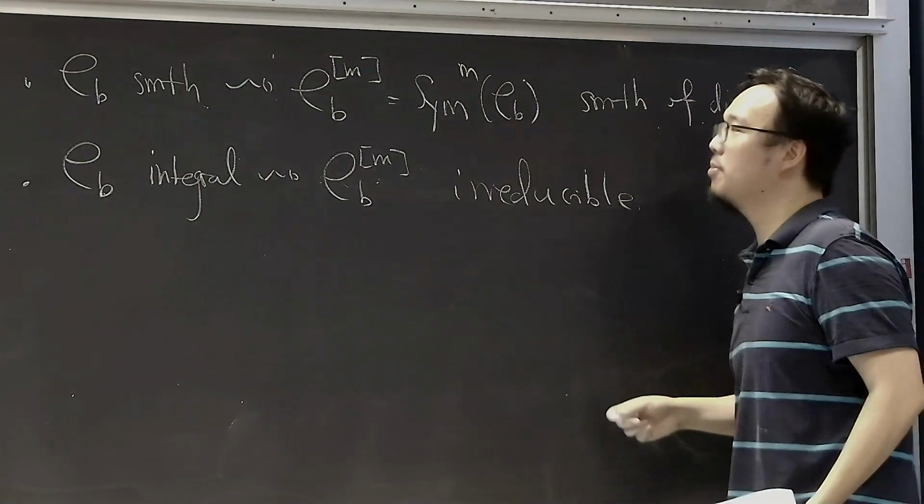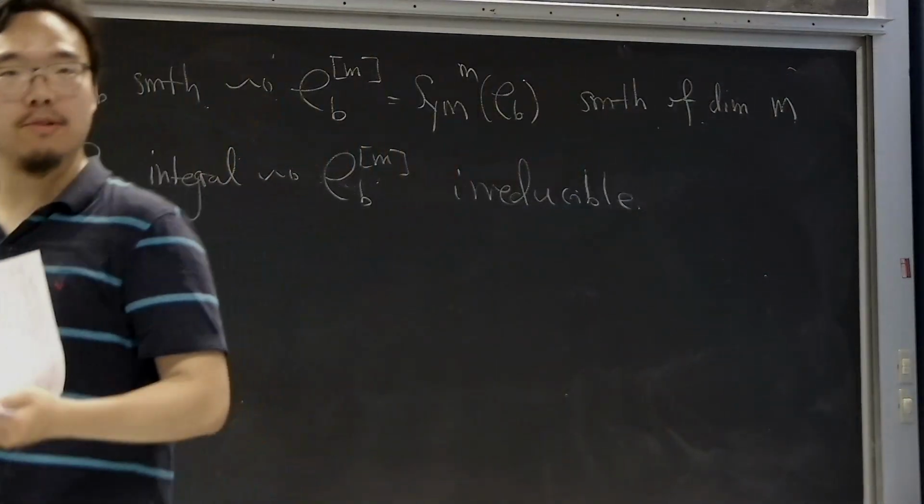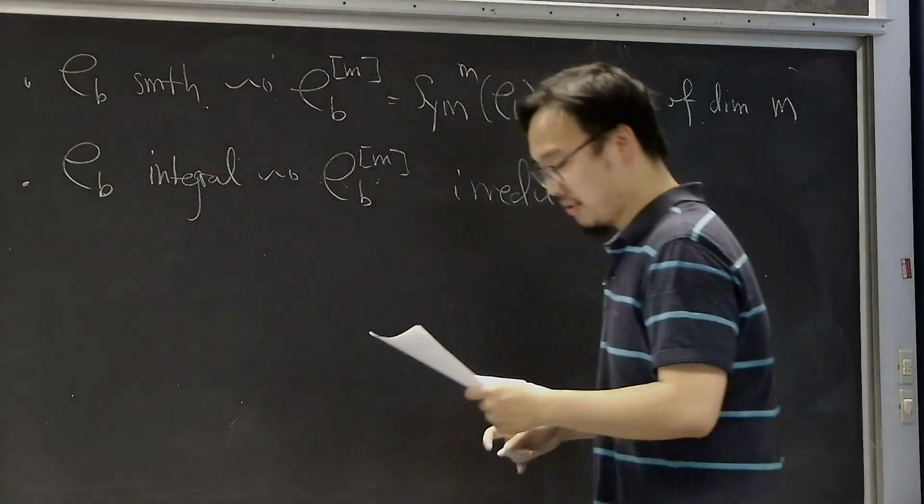So there's only one component parameterizing the locus you like, and then there are boundaries.